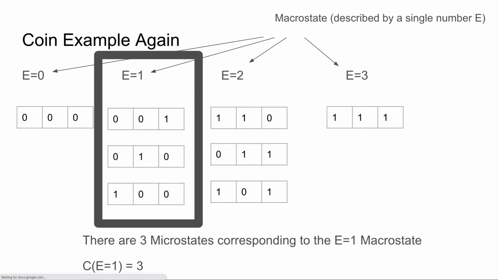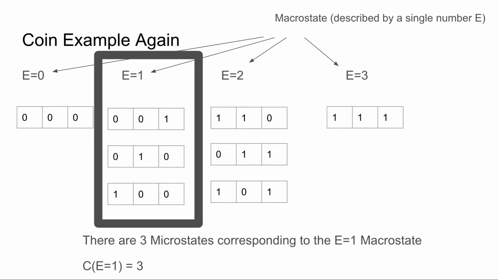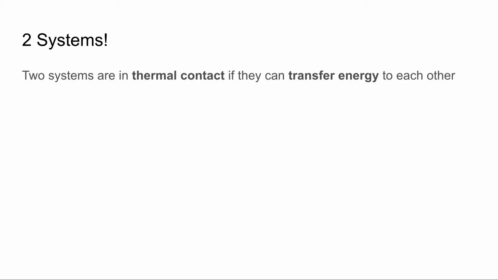Okay, so I hope that the concepts of macrostates and microstates are very clear now. Let's talk about two systems. So far we have just dealt with a single isolated system, and we know the probability of finding the system in a particular macrostate. So what happens if we put two systems together in thermal contact?